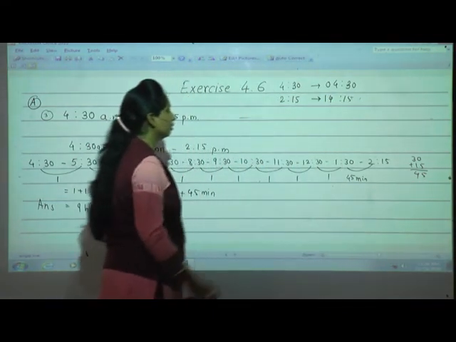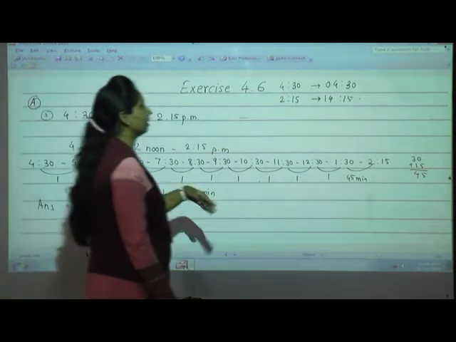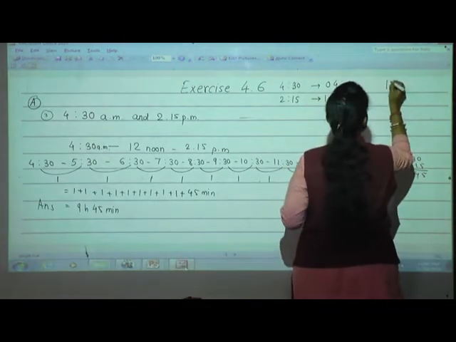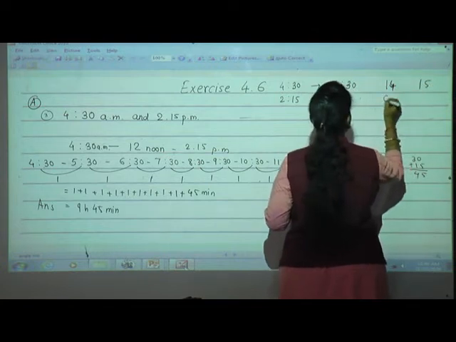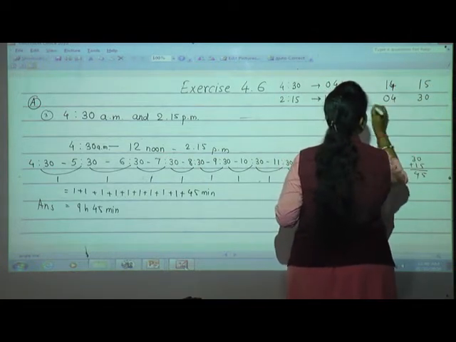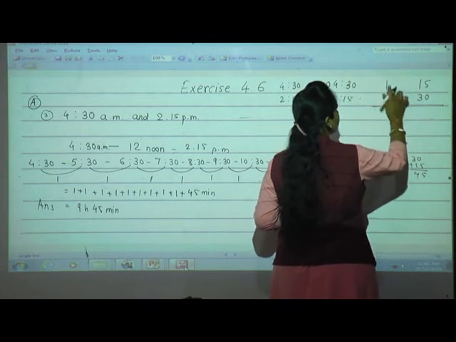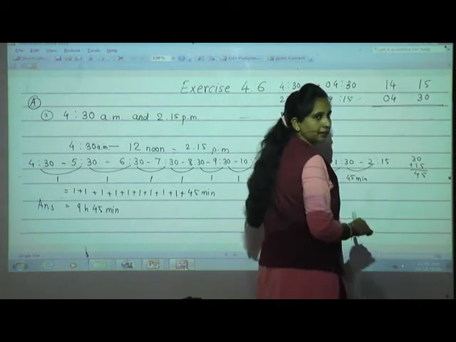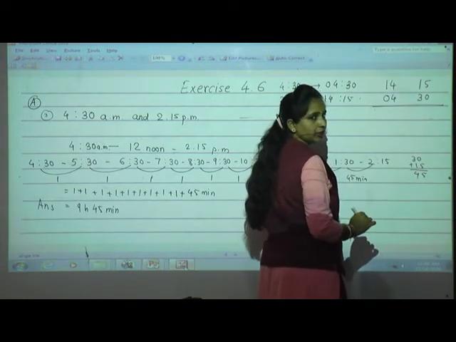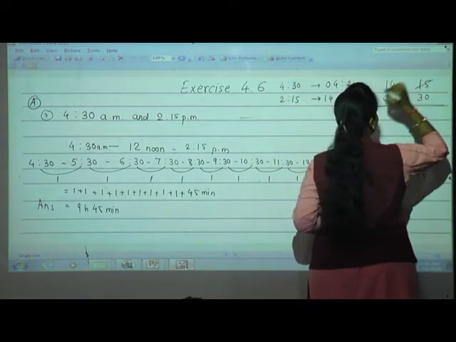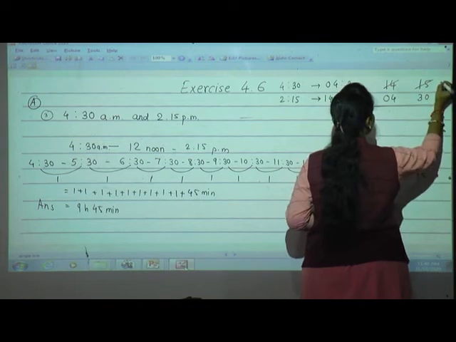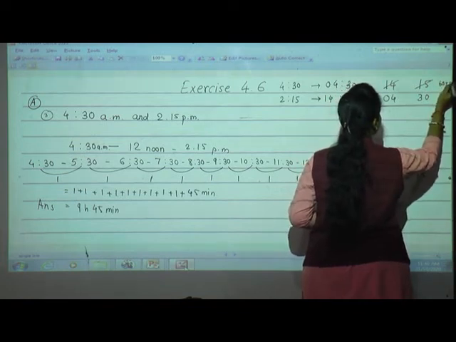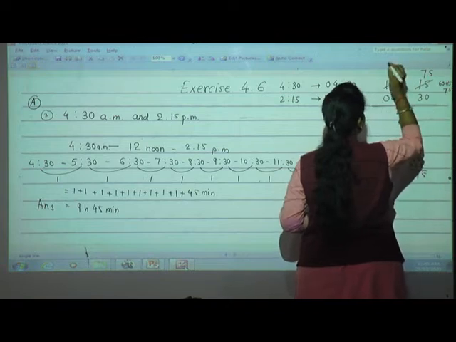Now what we have to do? We have to subtract the smaller from the greater. So right here 14:15 and 4:30. Now 15 minus 30 we can't do, isn't it? So for that what we have to do? Yes, we have to borrow from 14. If he gives 1, 60 plus 15 is 75 here, and here 13 will remain.